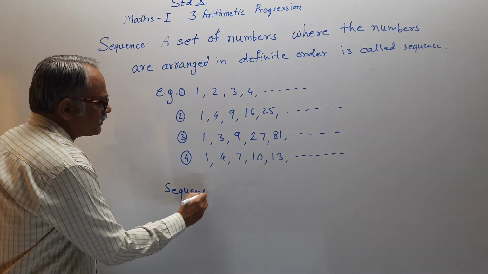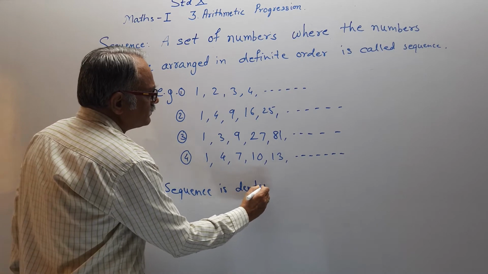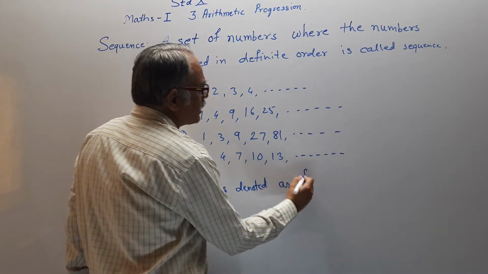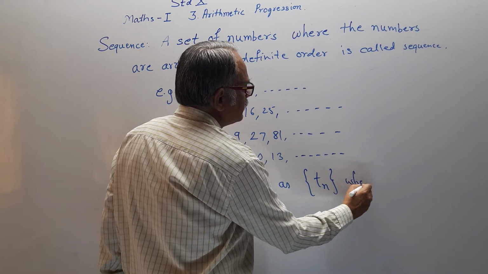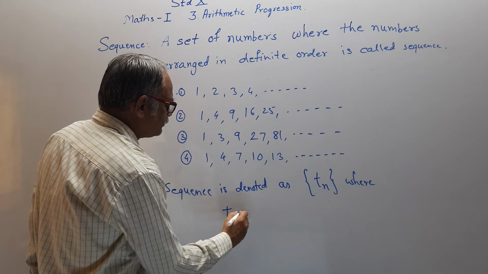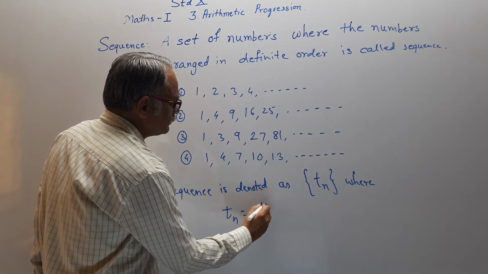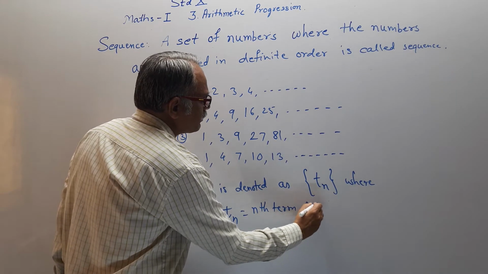A sequence is denoted as Tn, in curly brackets, where Tn is the nth term of the sequence.